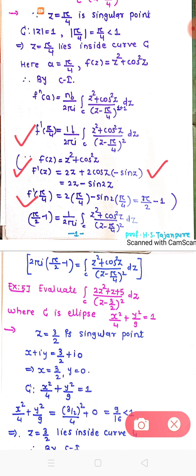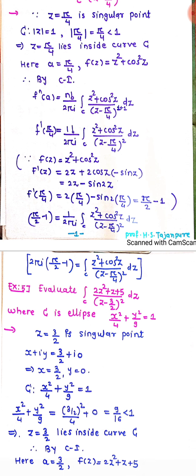So you will get 2 into pi by 4 minus sine 2 into pi by 4, that is pi by 2 minus 1. So substitute here the value of f dash of pi by 4, which is pi by 2 minus 1, and the right hand side is 1 upon 2 pi i, and in the next step of the example you just shift 2 pi i to the other side. You will get the answer.